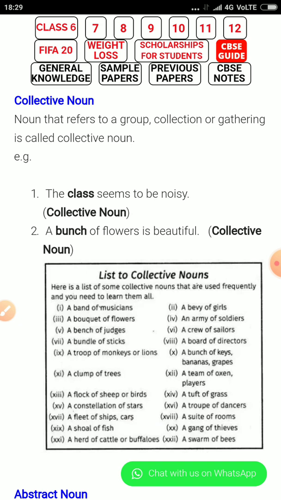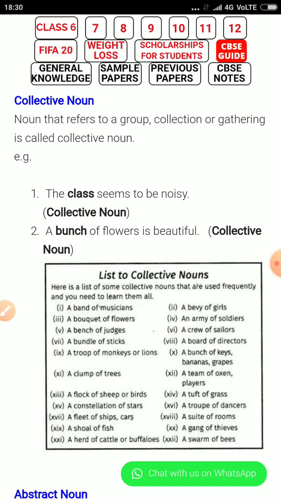There is a particular word: a band of musicians, a bouquet of flowers, a bench of judges, a bundle of sticks, a troop of monkeys or lions, a clump of trees, a flock of sheep or birds, a constellation of stars, a fleet of ships, cars, a shoal of fish, a herd of cattle or buffaloes, a bevy of girls, an army of soldiers, a crew of sailors, a board of directors, a bunch of keys, bananas and grapes, a team of oxen, players, a tuft of grass, a troop of dancers, a suite of rooms, a gang of thieves, a swarm of bees.